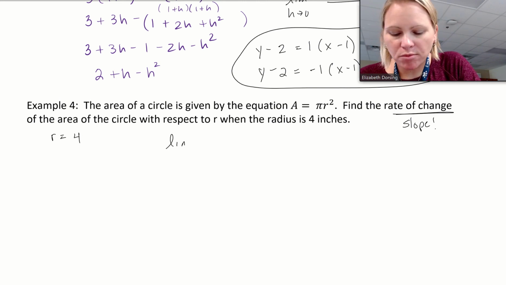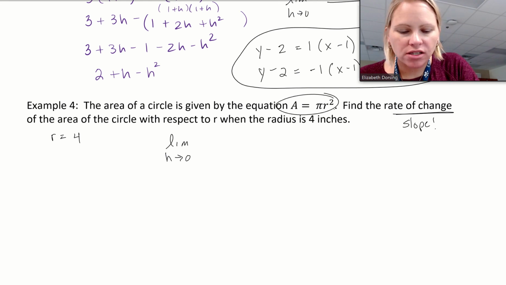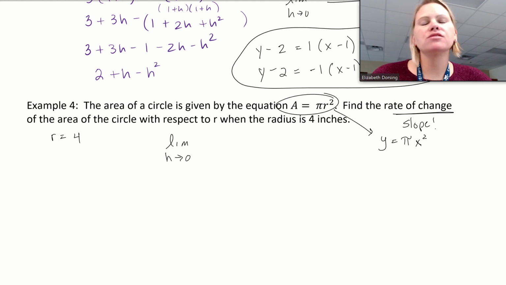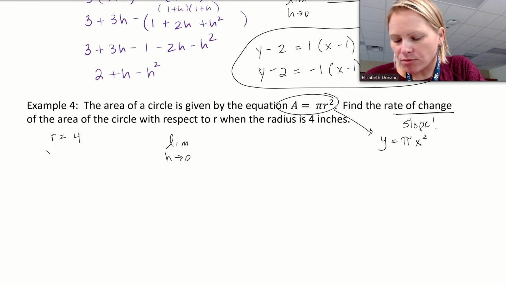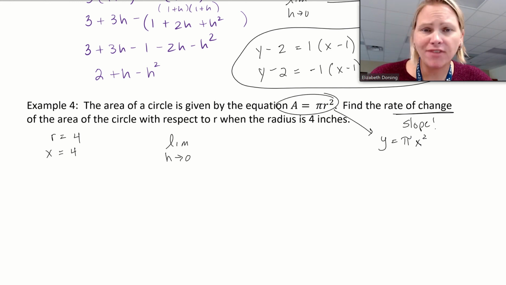So the limit, remember, as h approaches 0 is f of a plus h. So a is the x value. If we think of this equation in terms of x and y, we would write it like this, pi x squared. So the radius is really acting like my x. So when I say r is 4, I'm really saying x is 4, the input value, the independent variable.